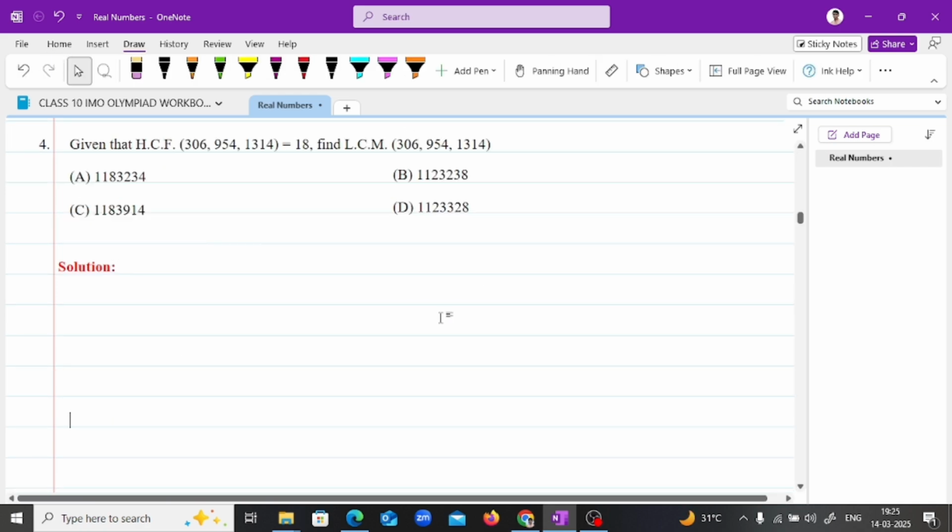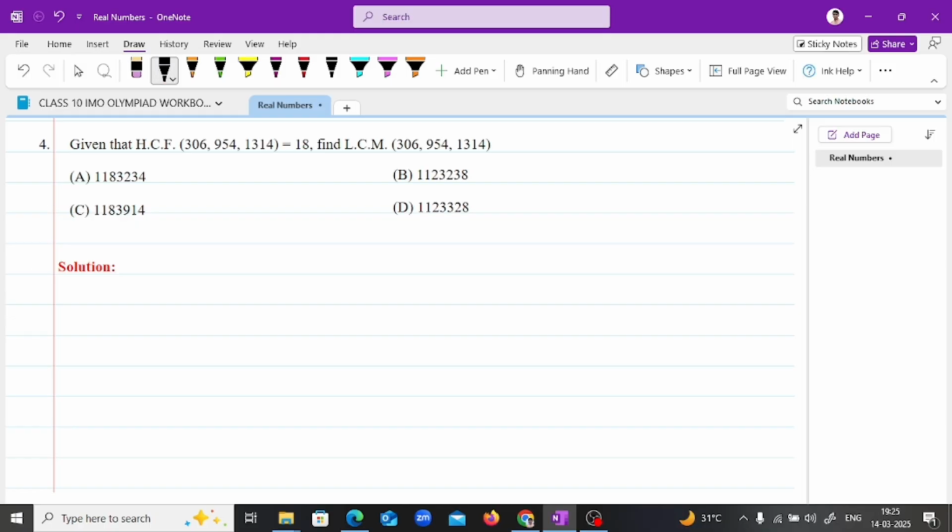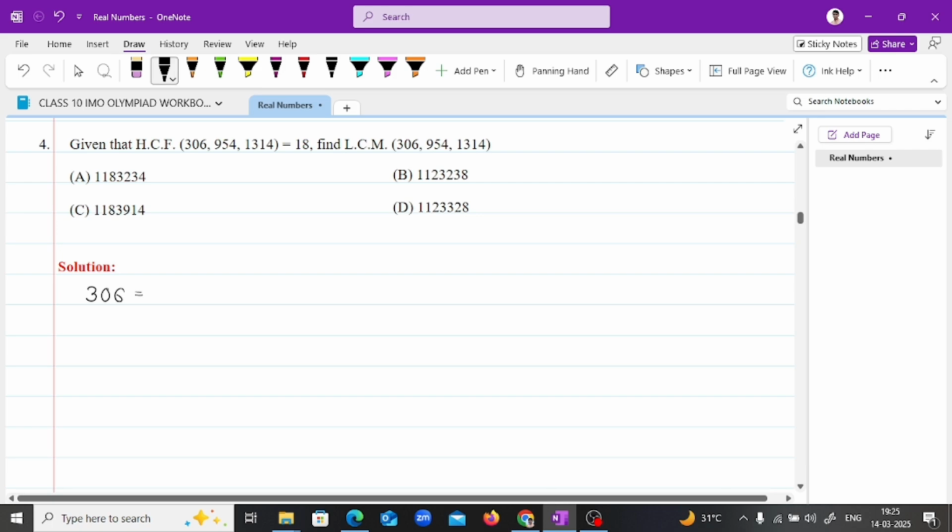Question number 4 is based on LCM and HCF. Given that HCF of 306, 954, 1314 is equal to 18, find the LCM of 306, 954, 1314. Before going to solve the LCM of these three numbers, we need to first find the prime factorization of the three numbers. So the prime factorization of 306 will be 2 into 3 square into 17.